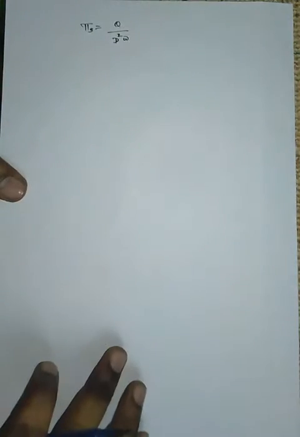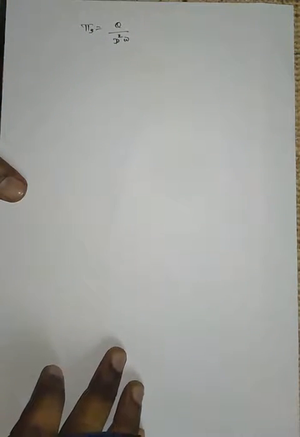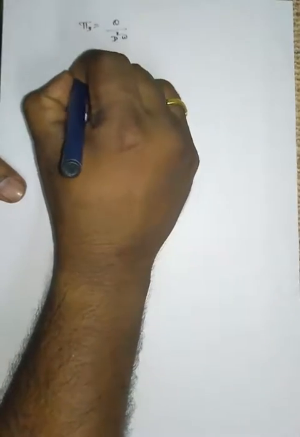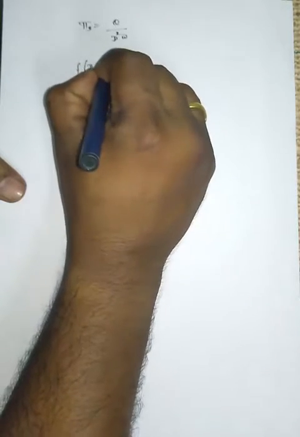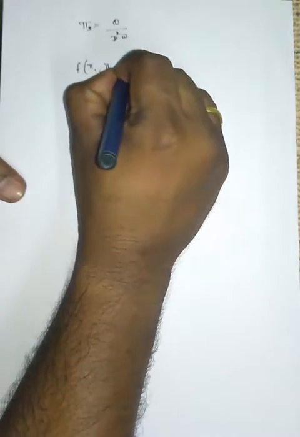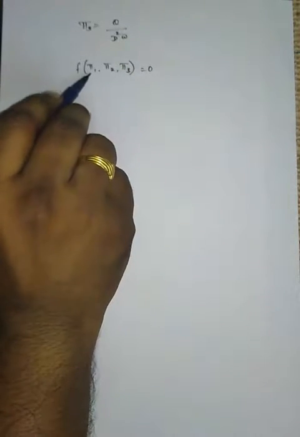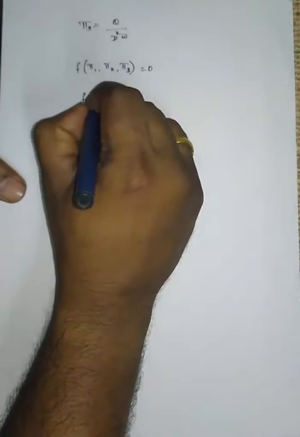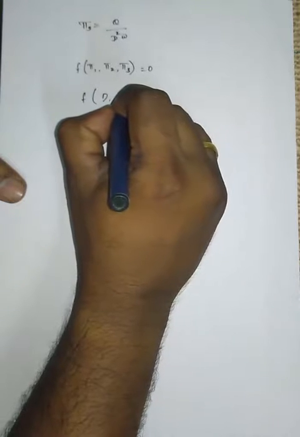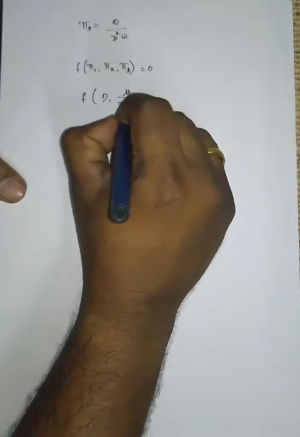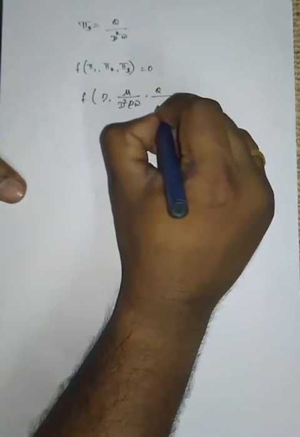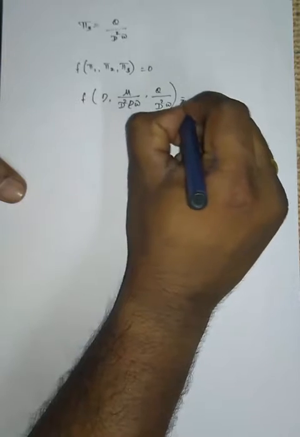Once you find out the pi 1, pi 2, pi 3 values, you have to substitute them in the equation written above, that is f of pi 1, pi 2, pi 3 equal to 0. So here pi 1 value is eta, pi 2 value is mu divided by d squared rho omega, and q divided by d squared omega equal to 0.